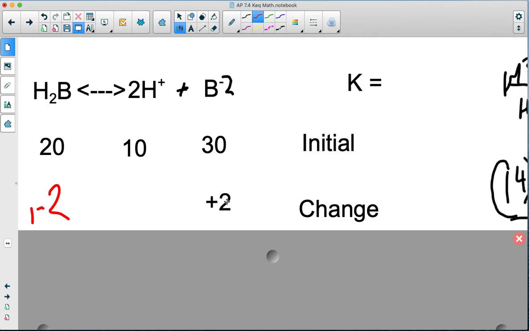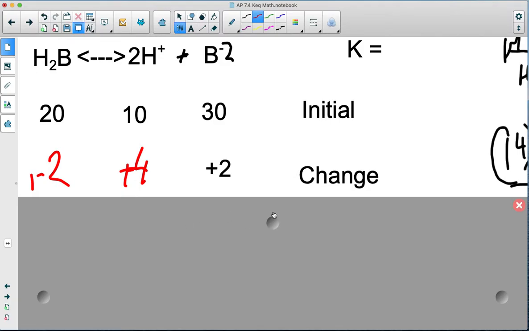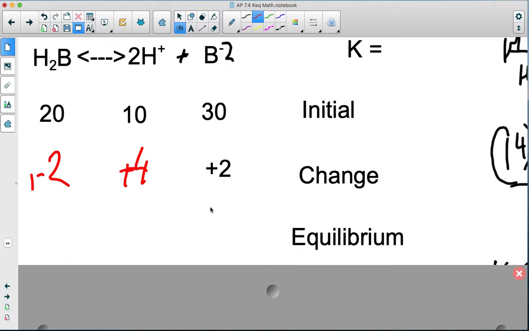So if I'm making 2 B minuses, I must be making +4 for the H pluses, for the free protons. So when I get down to equilibrium, this is going to become 32. This is going to become 14. And this is going to become 18.